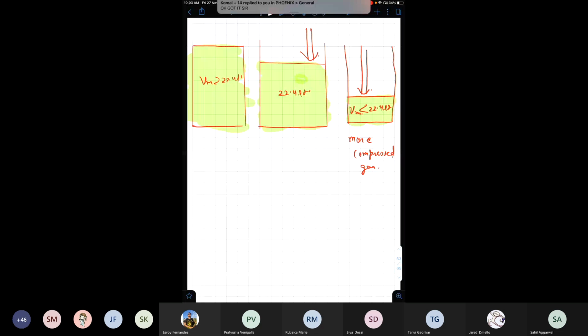More, less compressed. Okay, Deepika, Komal.